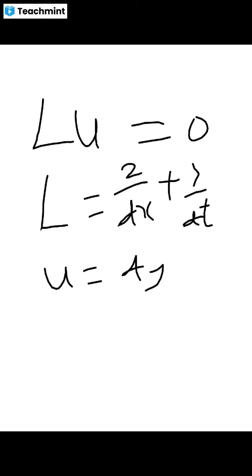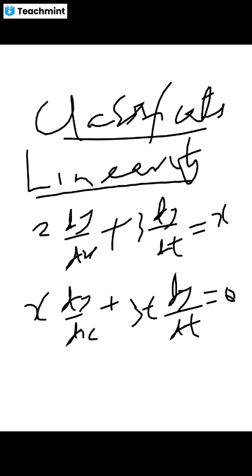So in this case, you see that it is easy to express our expression as Lu is equal to x. We were able to express this given partial differential equation as Lu is equal to x.